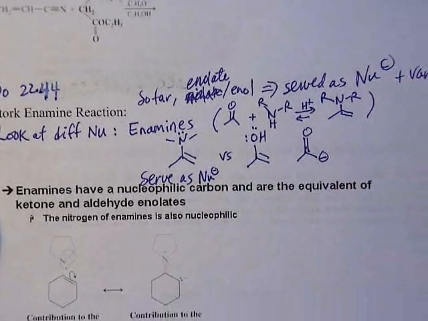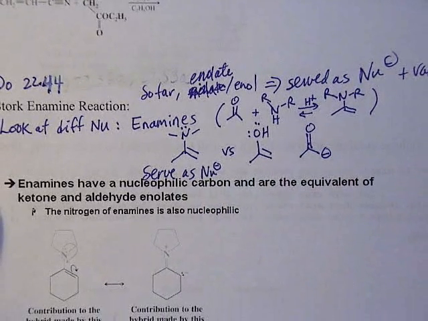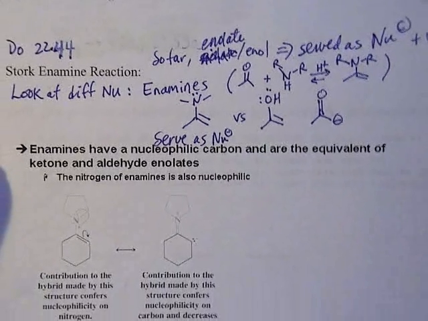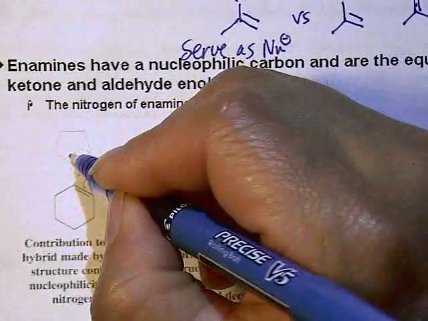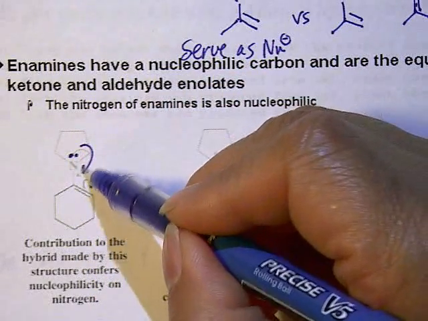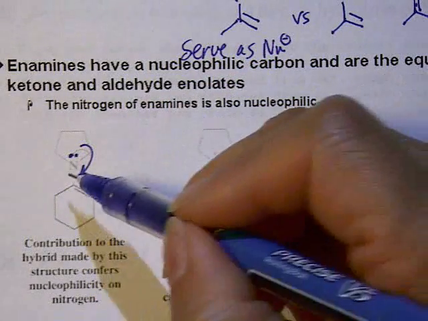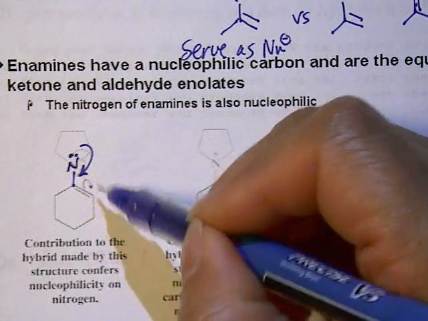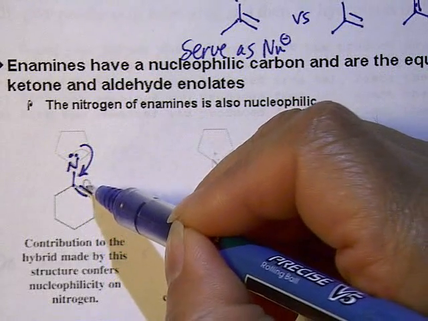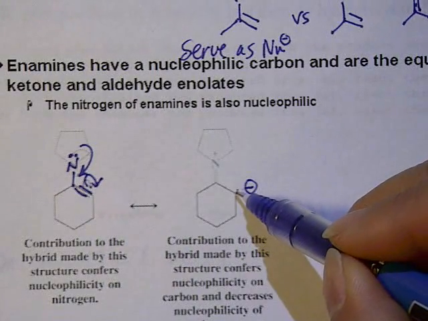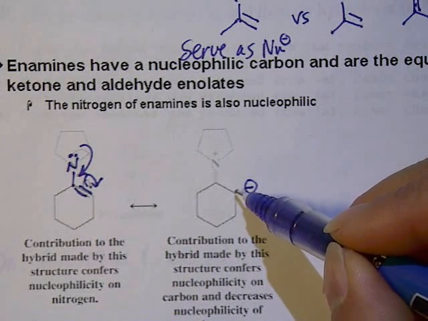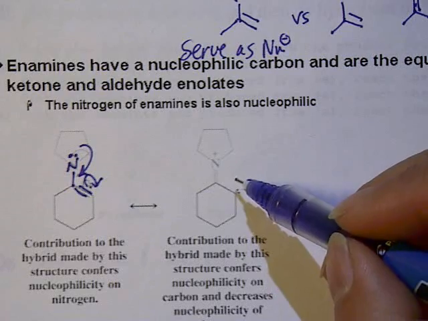All right. So for example, how it could do that is shown right here, where the lone pair on the nitrogen is used to reform the double bond between the carbon and the nitrogen, and then the double bond is used to have the negative charge on this carbon, which would be the carbon next to it.